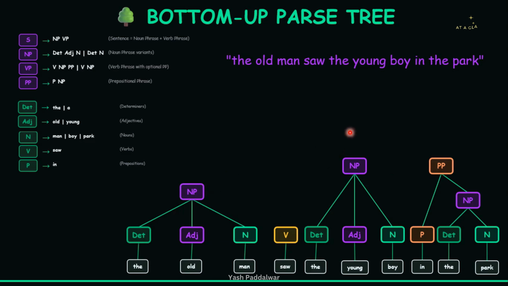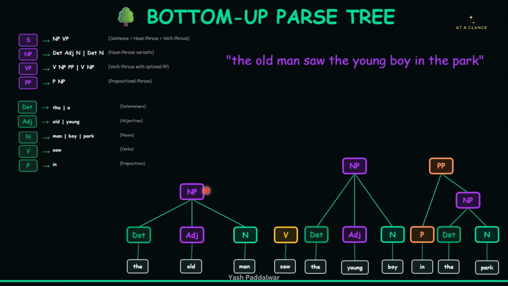If all of these four nodes together are getting reduced to the node S, then it will be the best approach, because the bottom up parse tree's main motive is to construct the best optimal parse tree, wherein it would require fewer nodes to parse to reach the node S. So that is why it's a better practice to not only look at one or two nodes, just check all the neighboring nodes. If all of them are together forming a particular rule, then it will be the best approach.